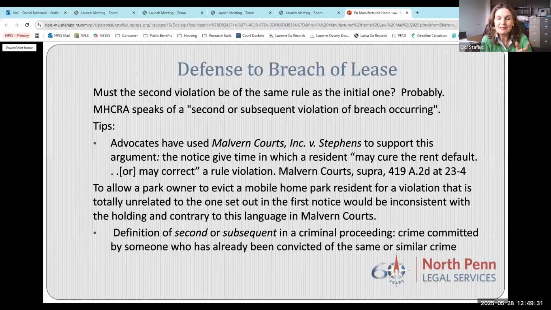And the statute basically mentions the same wording, second or subsequent violation of the rule. So that's something extra that you can add in your argument, that it should be the same rule that needs to be violated for the park owner to start the eviction process.